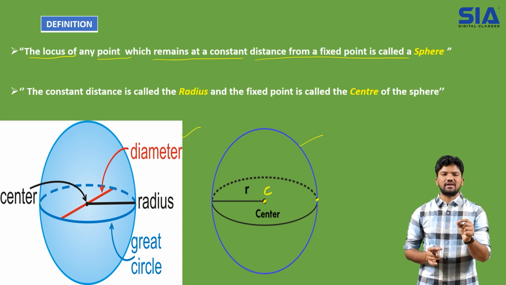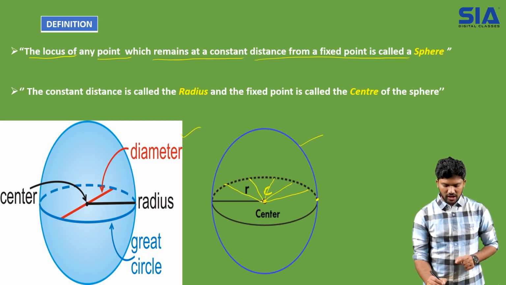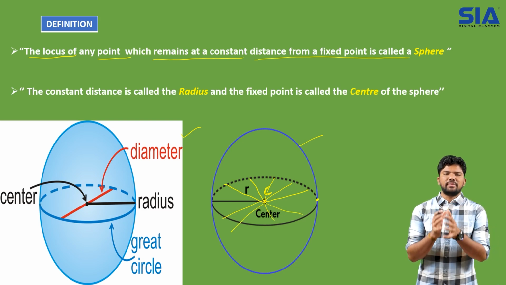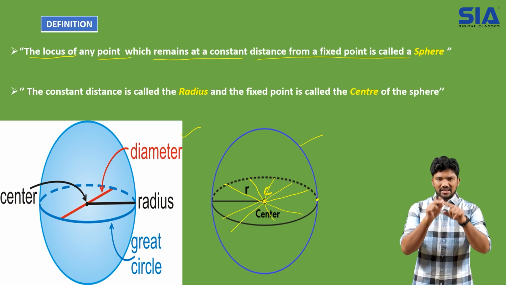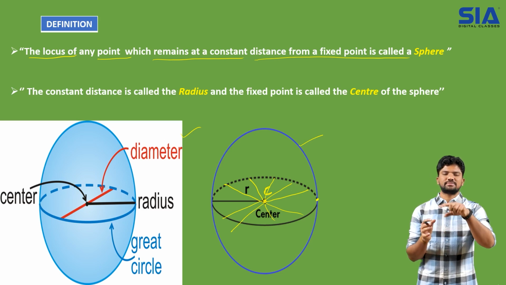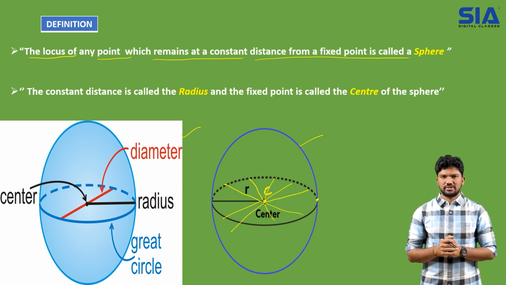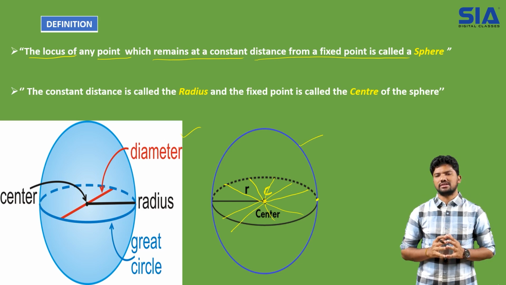From the center of the sphere, if you take the distance to points on all sides, and the distance remains constant from the fixed point, then if you join all the points, that gives you a spherical shape, which is called a sphere. The total collection of the points, or locus, is called a sphere.